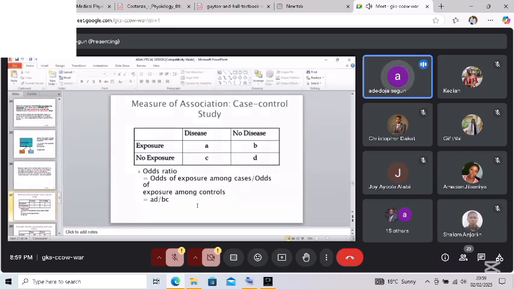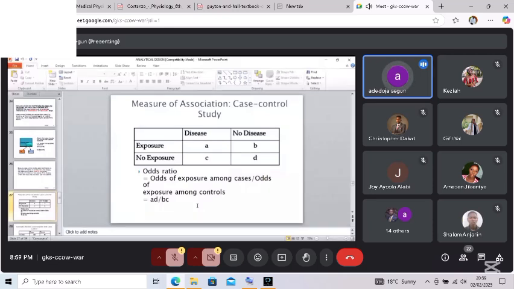We also have no exposure: they were not exposed, but they come down with the disease. But in this table, under no disease, we still have some people who were also exposed, but at the end of the day, they don't come down with the disease. We use letter B to represent that one. For no exposure, no disease, we have D.